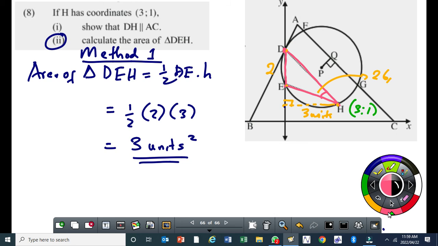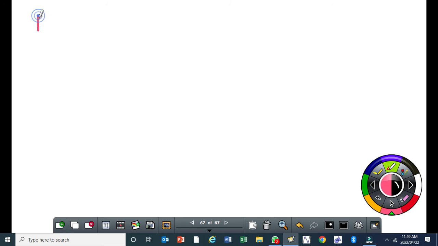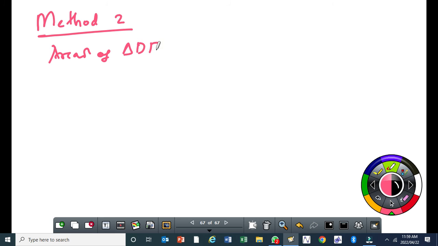Then method 2, it will be the area rule. So if I use the area rule, the area of triangle DEH will be half times DH times EH times sine of DHE. I'm using the area rule.